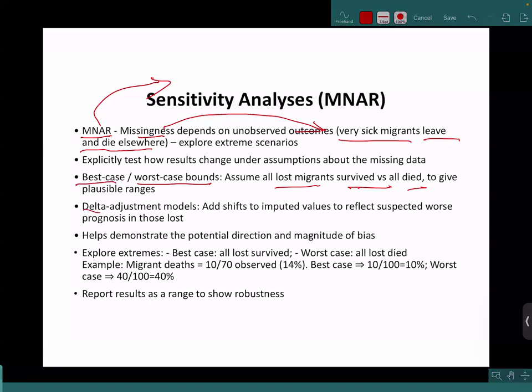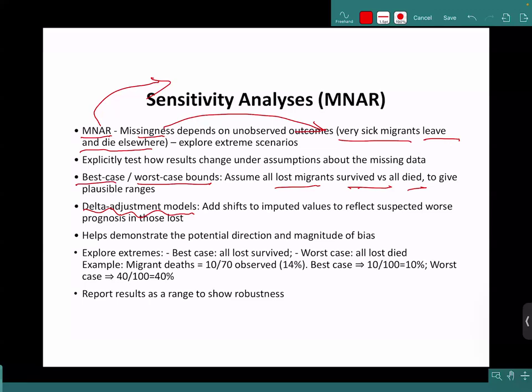Sometimes in between also you can do some adjustments. So you can take a series of values and see how your assumptions regarding the different outcomes for those who are lost to follow-up affect your estimates, and report all of these values transparently.